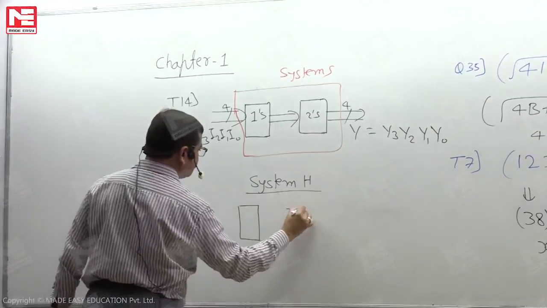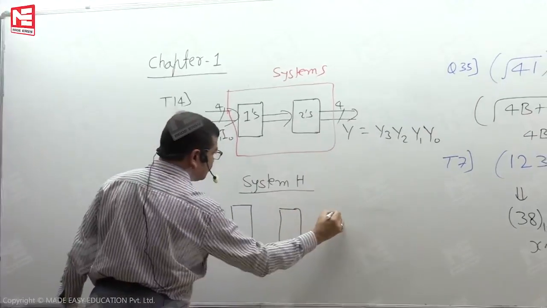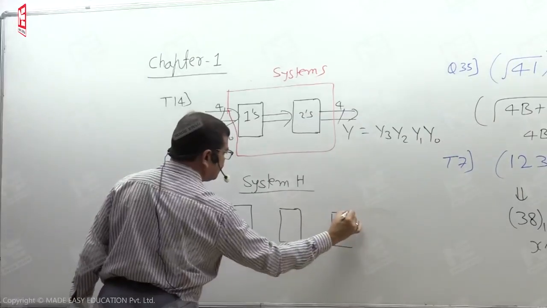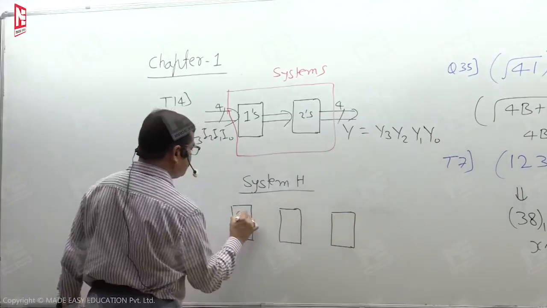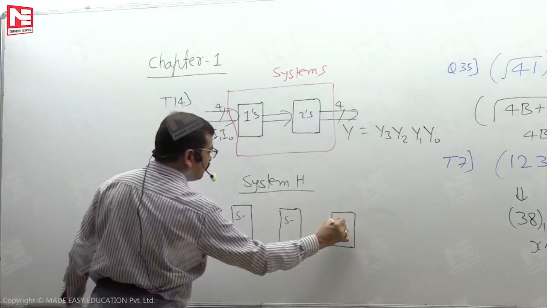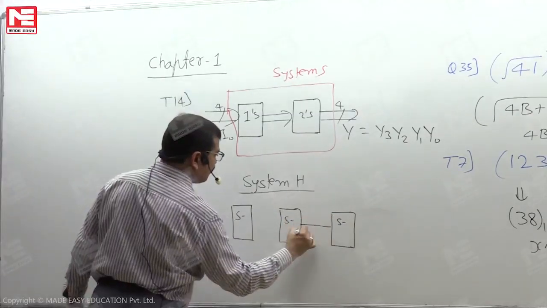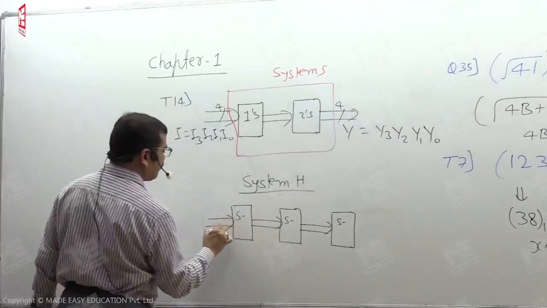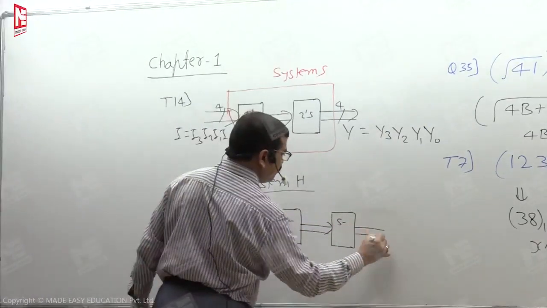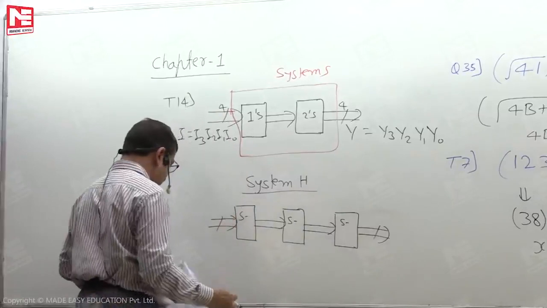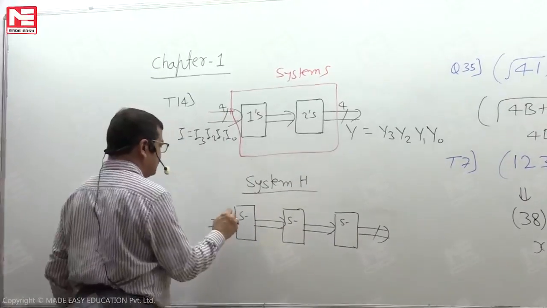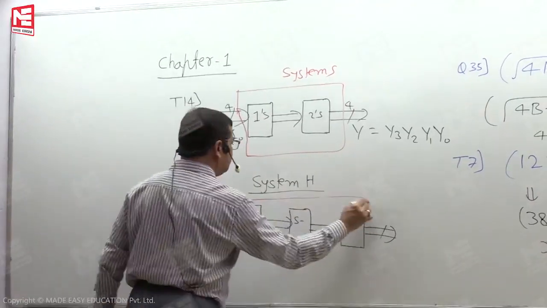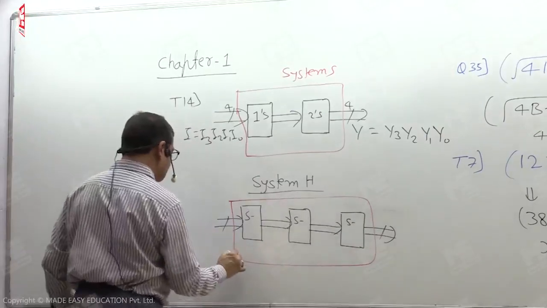Three such S systems are used. So, while cascading three such S systems, the system we are having is named the H system.